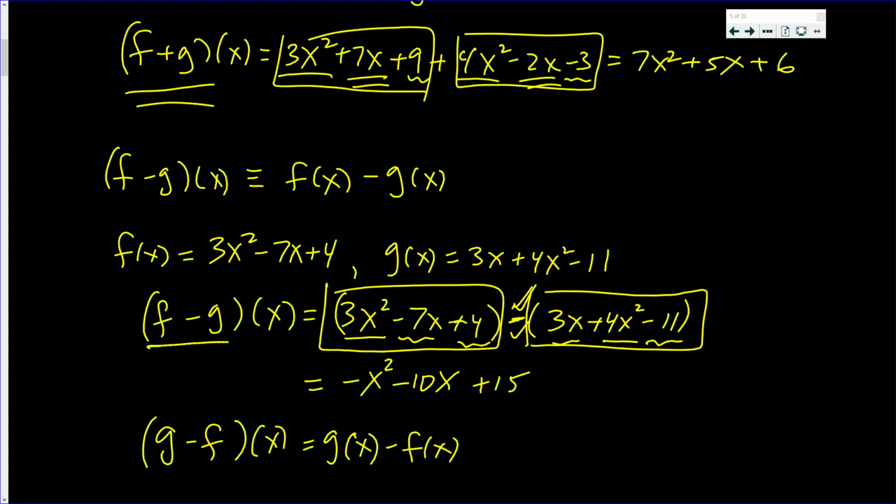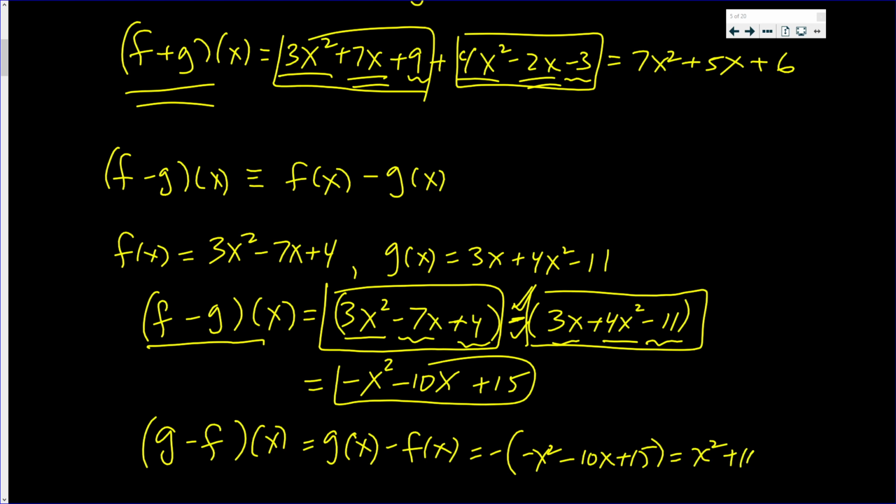Since I did it backwards up here, I will get negative x squared minus 10x plus 15, which is plus x squared plus 10x minus 15. Think about that. If you do 7 minus 4, you get 3.